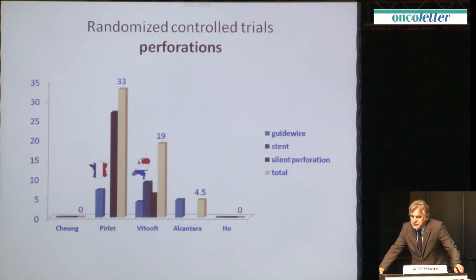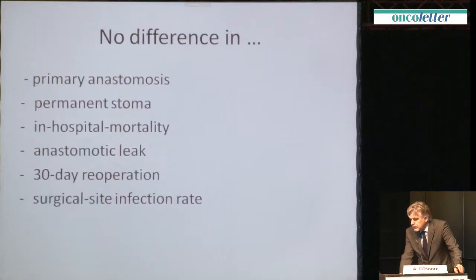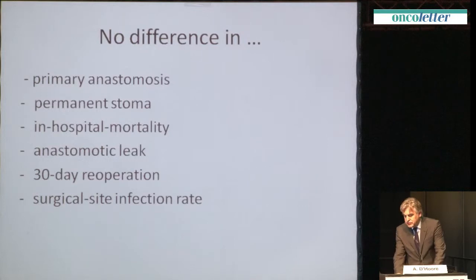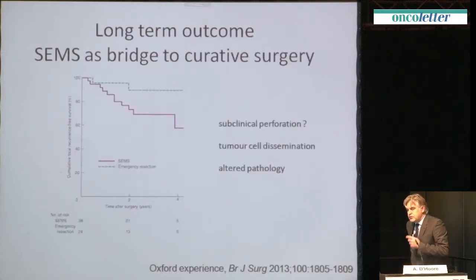So the question is whether you can use this in a potentially curable situation. And again, when you look down the pages of the meta-analysis, there was no difference in primary anastomosis, permanent stoma, in-hospital mortality, anastomotic leak, 30-day reoperation, and surgical site infection rate. And I show here the Oxford experience.